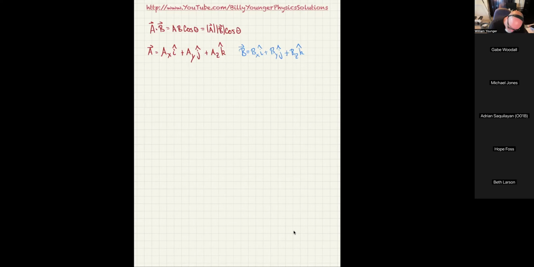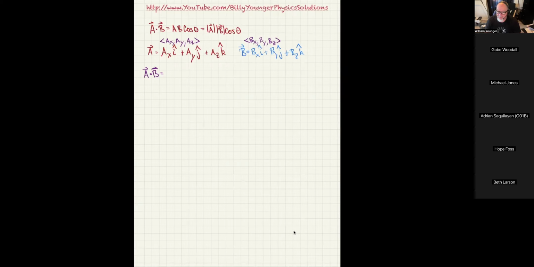So if I choose to calculate A dot B, I'm really doing some crazy stuff by putting all these different colors in here. By the way, you could also write this as <Ax, Ay, Az>, and you could write this one as <Bx, By, Bz>, and that's just a lot less writing than having to do all those I hats, J hats, and K hats.